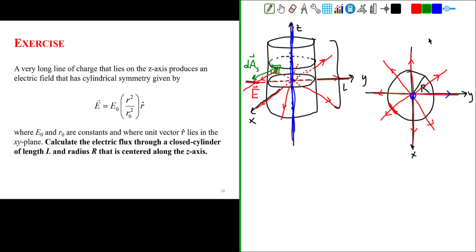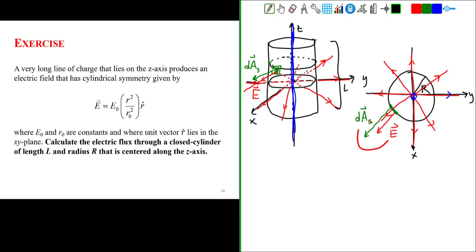That representative polar rectangle has a tiny bit of area. Here is that tiny bit of area, which I'm going to call the area differential for the side. And I'll illustrate an actual electric field vector at that polar rectangle, which is indicated right here.